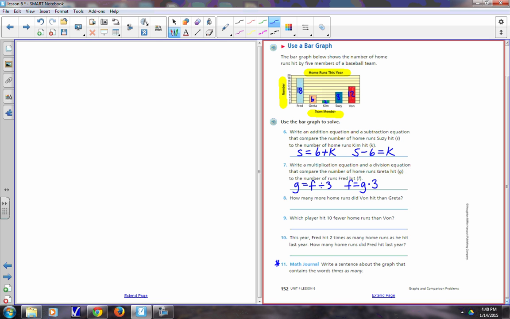So I'm not even going to go over 8, 9, and 10. I'm going to see if you can come up with the answers on your own because we've done lots of these now. But I am going to tell you how many more home runs, 10 fewer home runs, 2 times as many. Those are keywords that should help you set up those problems.